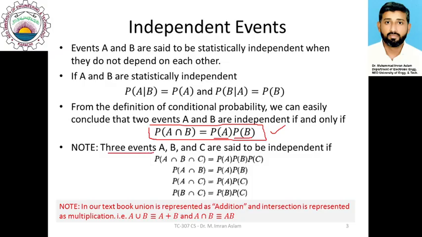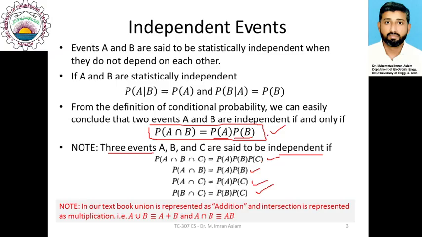Similarly, if there are three events A, B and C and we want to check whether they are independent, we have to check all possibilities with this condition: that they are pairwise independent, meaning the probability of their intersection is equal to the product of their individual probabilities, and they are independent as a whole, like the probability of their entire intersection should be equal to the product of probabilities of individual events.